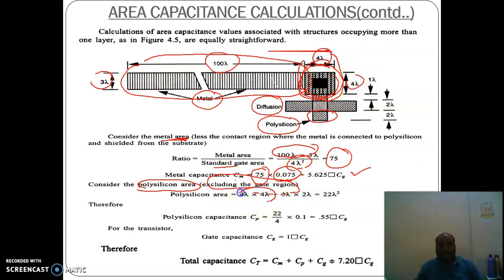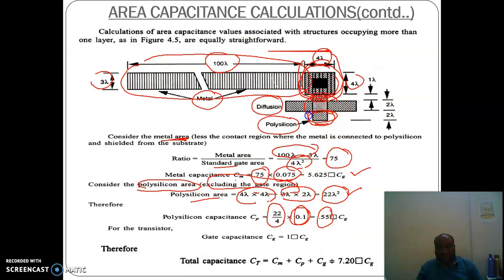Whereas here I have 2 lambda length plus 1 lambda length, and its width is 2 lambda, so that is 3 lambda by 2 lambda. Put together, the total area of polysilicon is 22 lambda square. Its relative area, divided by the gate area, is 22 by 4, and multiplied by the capacitance value from the table, 0.1, it makes 0.55 Cg.